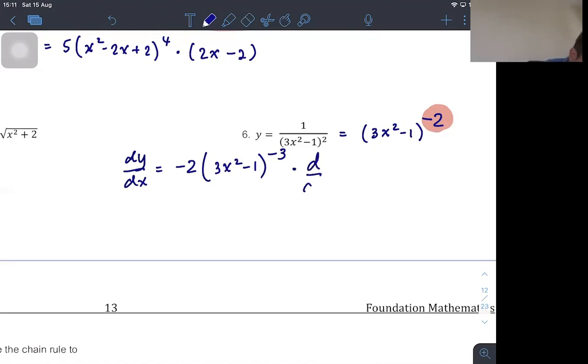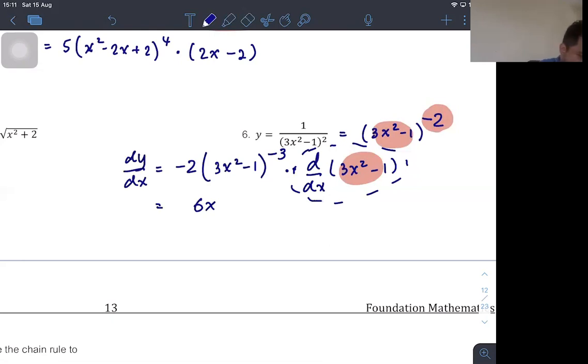So diff inside is d by dx of 3x squared minus 1. So this is the inside. And the result from differentiating the inside would be 6x. Yeah, 6x from diff inside.